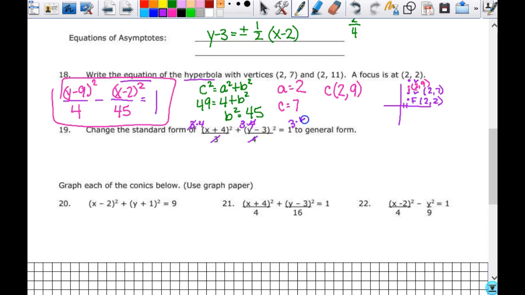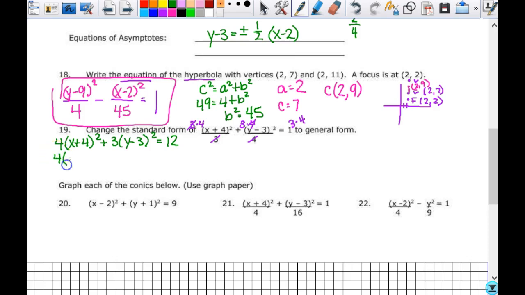You multiply the 1 times 3 times 4 also. That'll get you the 12. So if I do all that, then I'm going to end up here with 4 times x plus 4 squared plus 3 times y minus 3 squared equals 12. Okay, so I just cleared the fractions basically.